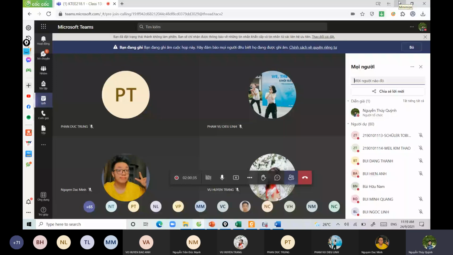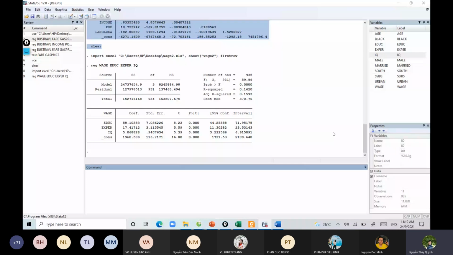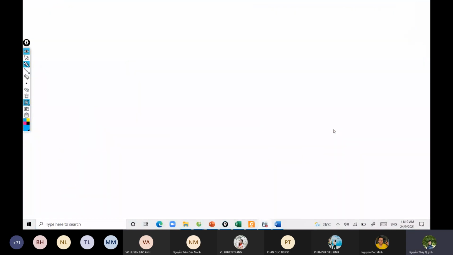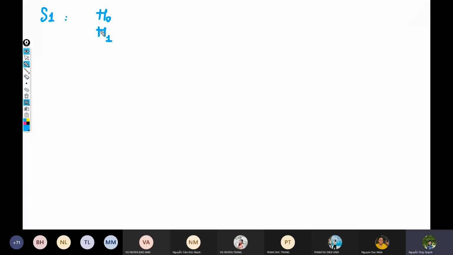So here we want to compare the effect of education on wage and the effect of experience on wage. Our hypothesis here, we will follow the 4 steps that we have been talking about. Step 1, we need to state the hypothesis, H0 and H1.